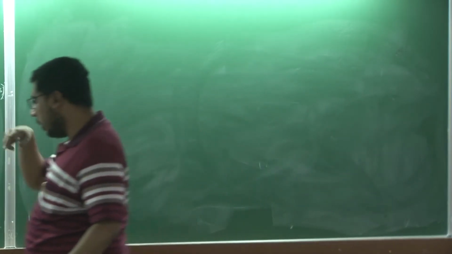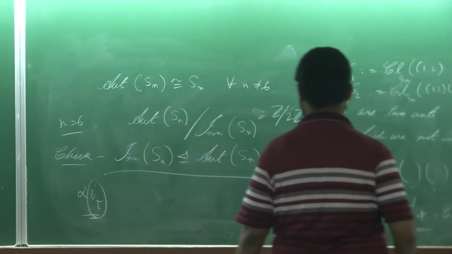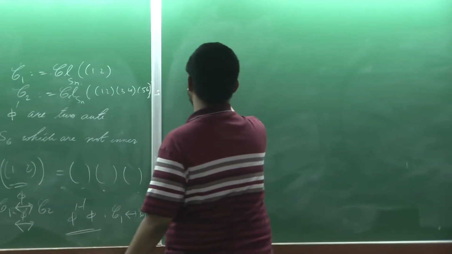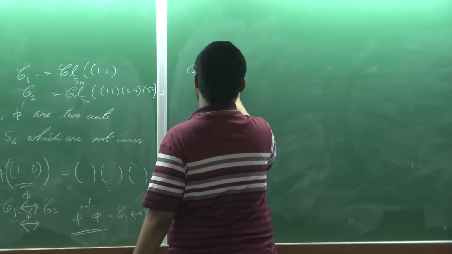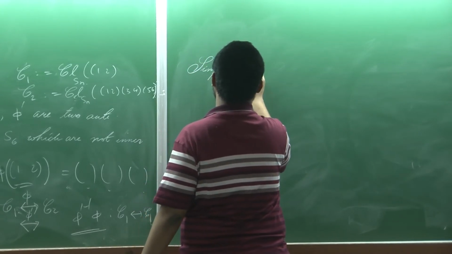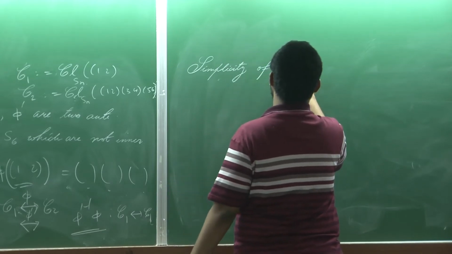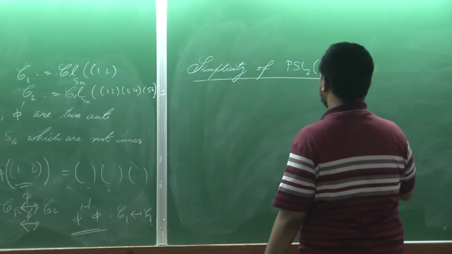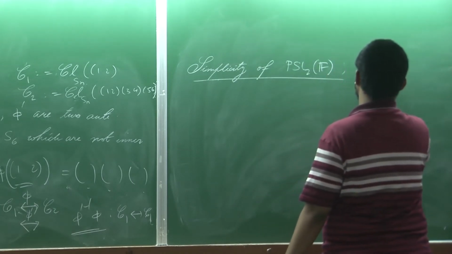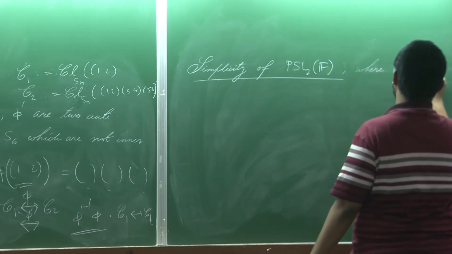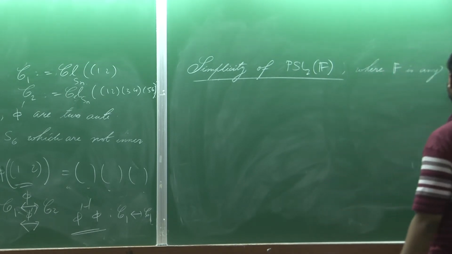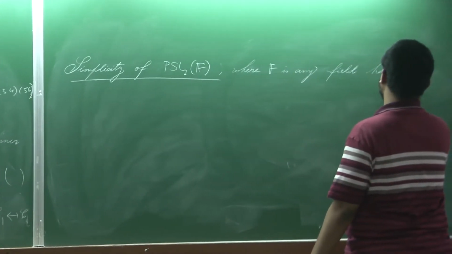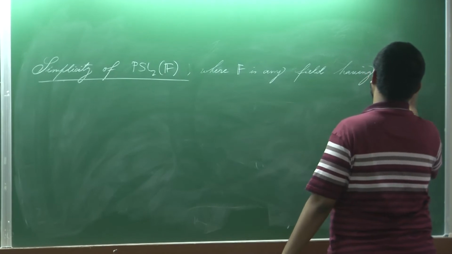All right. So now what we will talk about is the simplicity of PSL2(F), where F is any field having finitely many elements.